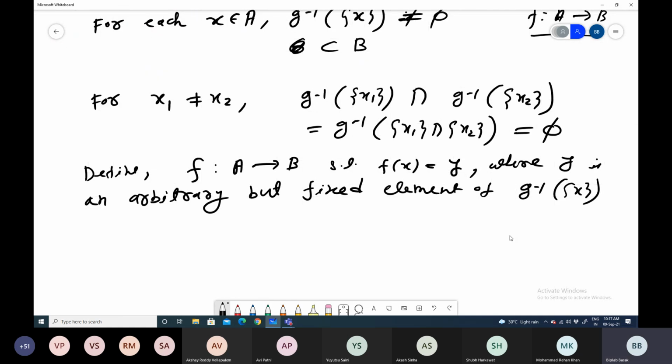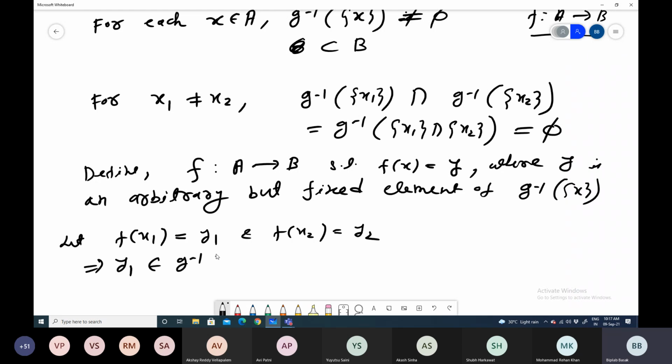And now you can easily see that this is an injective function. Why? Let f of x1 equal y1 and f of x2 equal y2. What does it mean? That implies y1 belongs to g inverse x1 and y2 belongs to g inverse x2.